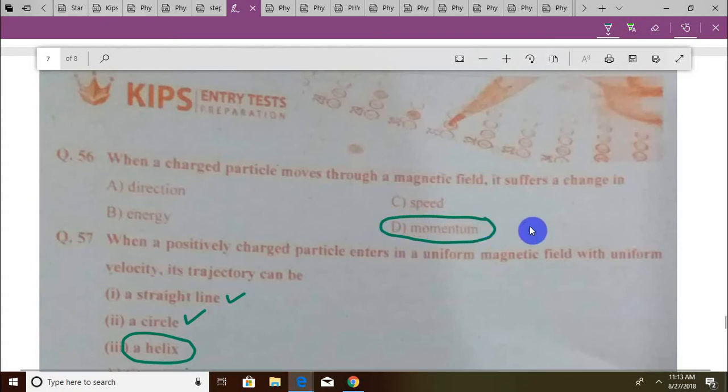Because momentum is mass times velocity, if there is a change in direction, there will be a change in the velocity, and so there will be a change in the momentum. So charged particle, magnetic field, I think both are correct. This might be a bit of a faulty question to ask. Speed is the same, so energy will also be unaltered. This is because the force is acting at 90 degrees and so does not change the magnitude of the velocity.